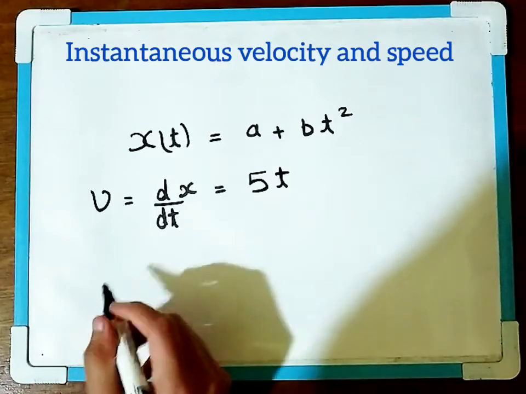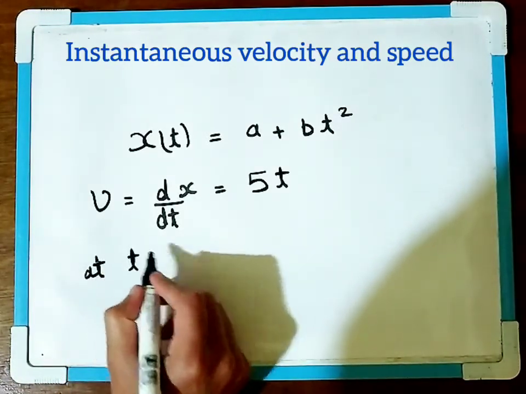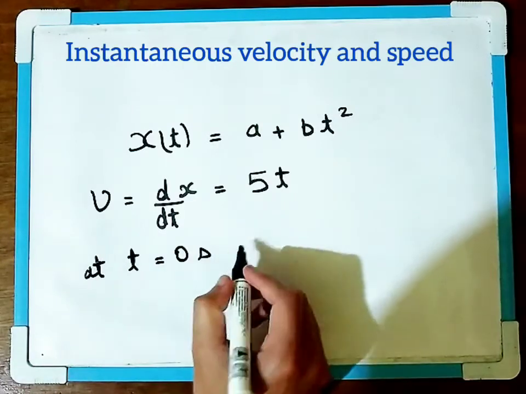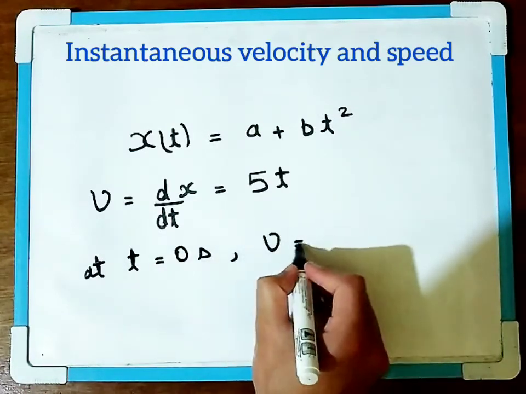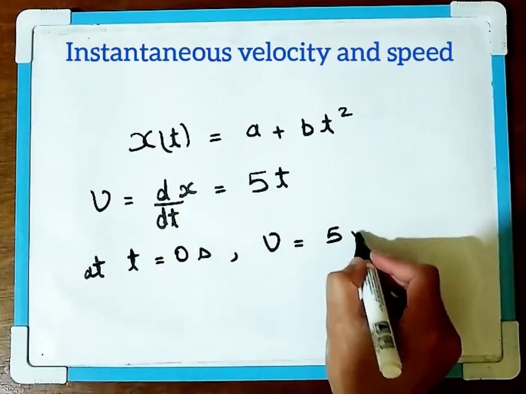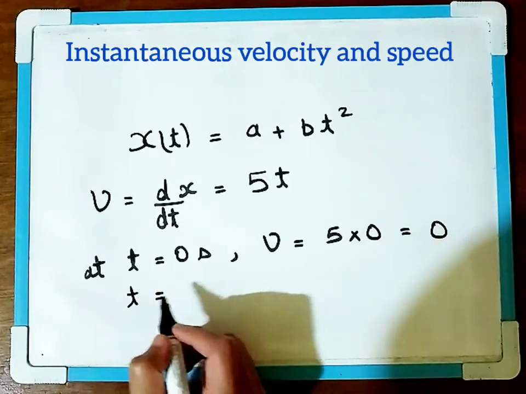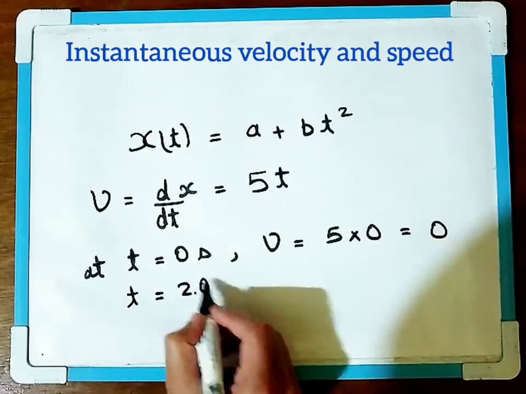So now at 0 second, if your t is equal to 0 second, your v will be equal to 5 into 0, so you will get 0. Then at t is equal to how much second? 2.0 second.